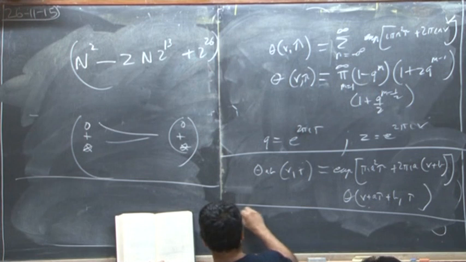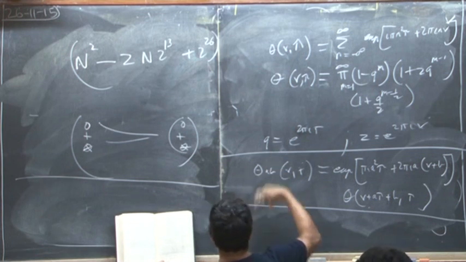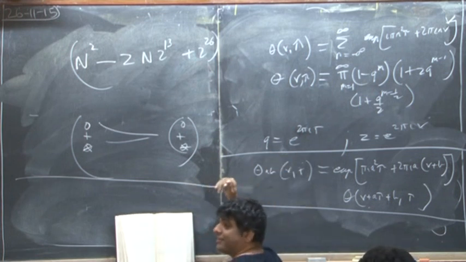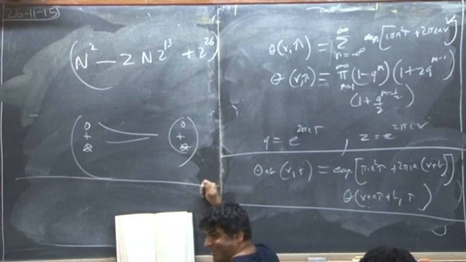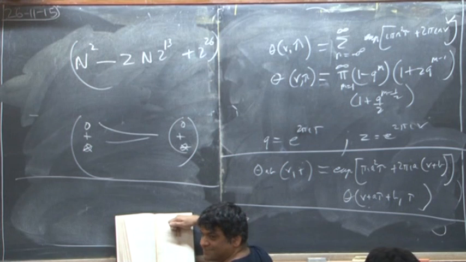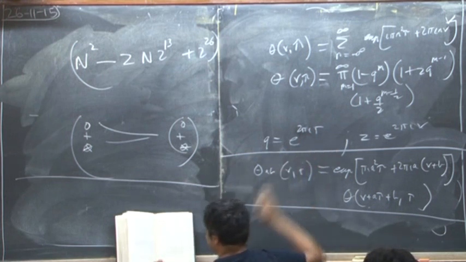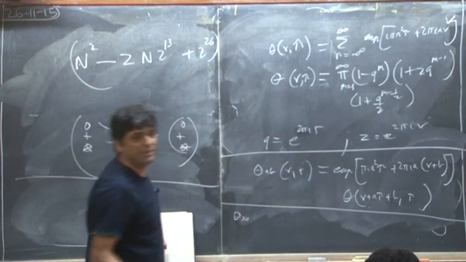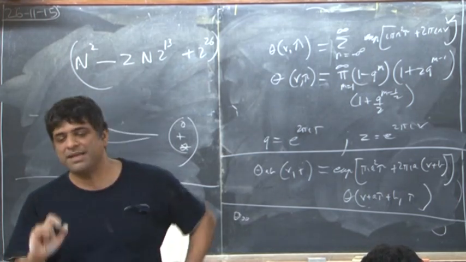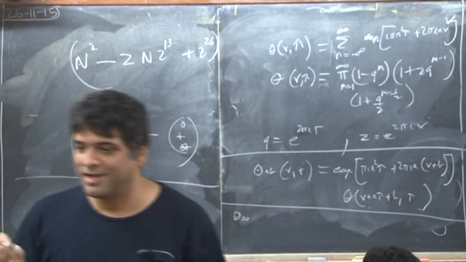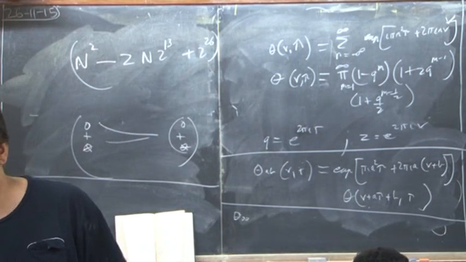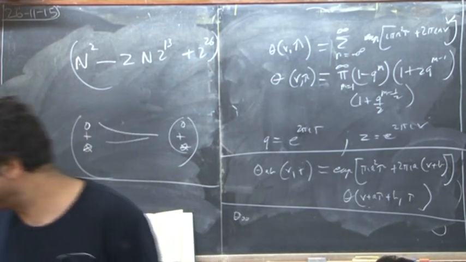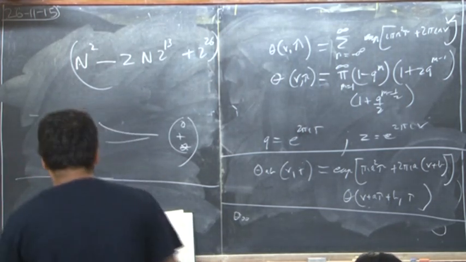For instance, the things that will appear in many things that we do are theta 0,0, theta 0,1, theta 1,0, and theta 1,1. These are the things that will appear in our partition functions. Roughly speaking, whether you have 0 or 1 is related to whether you have periodic boundary conditions around the circle.